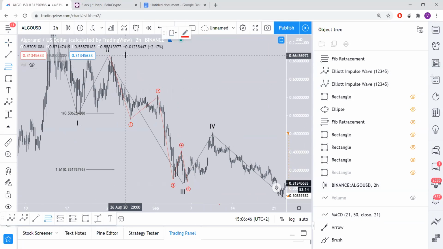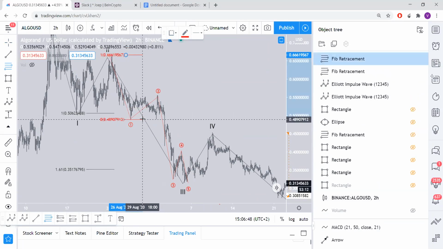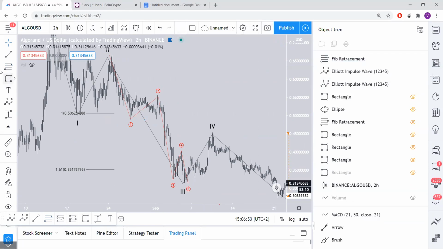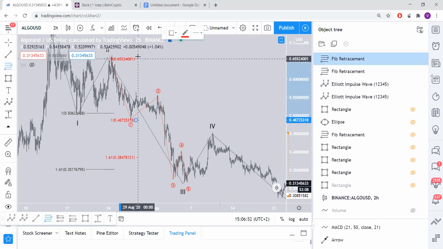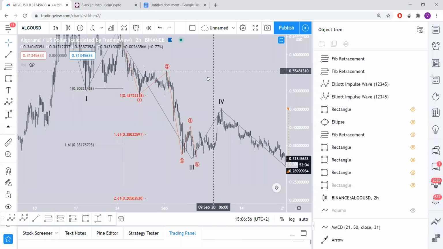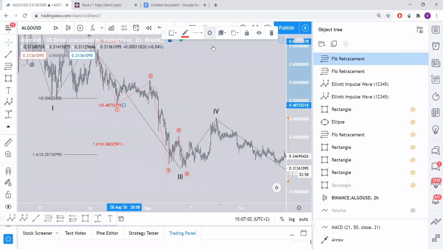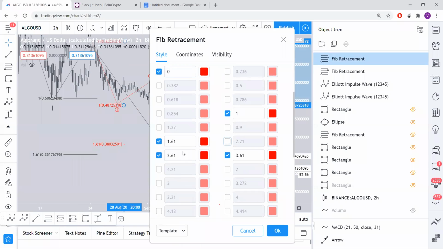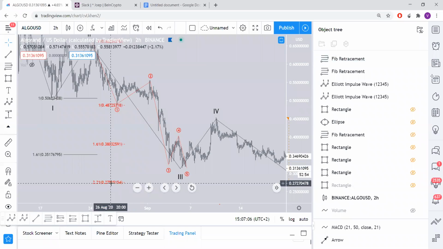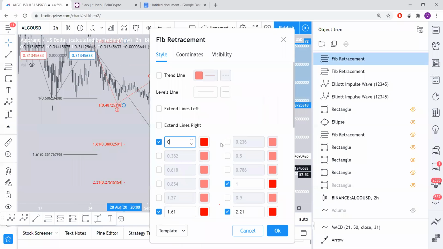Now we might have some confluence here because as you can see, we have another subwave count. And it gives us this, not like perfect confluence, but still. It's different with impulses because it's obviously harder to track impulses because they can extend a lot.